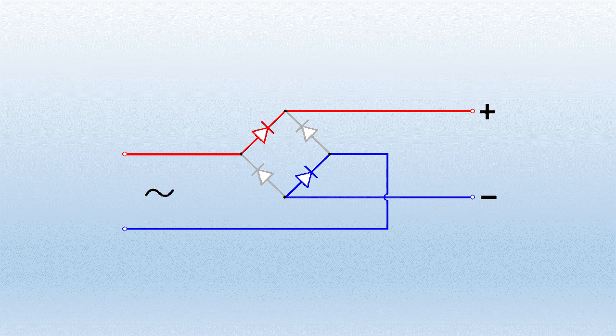AC comes in as normal, but if we follow the current here, on the half cycle when this is positive and this is zero, then current will flow from the low value to the positive value along the blue line, out through the right hand side, through the load, and back in along the red path back to the AC supply.